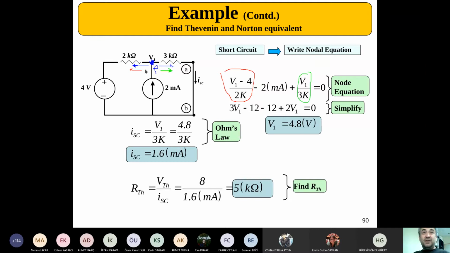And 2 milliamps is the current coming into that node. So this node equation has to be satisfied. We'll find a value for V1, but that won't be the real V1. We want to calculate this green current using that V1 value.